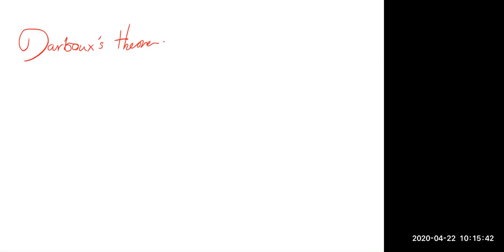Suppose we have a function f from, say, R to R, an interval to R, which is differentiable. F prime from R to R is not necessarily continuous.